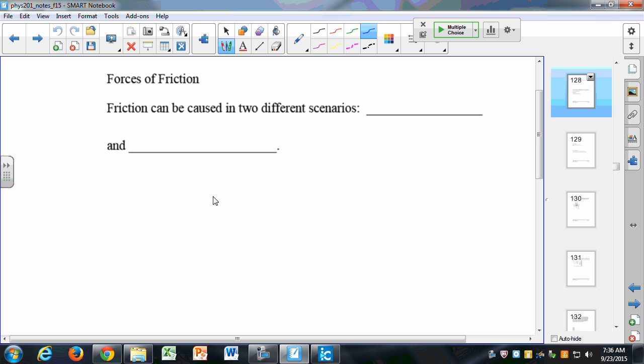When I talk about friction, we can talk about it in 2 different scenarios. You can think about friction in a macroscopic sense or a microscopic sense. All right.